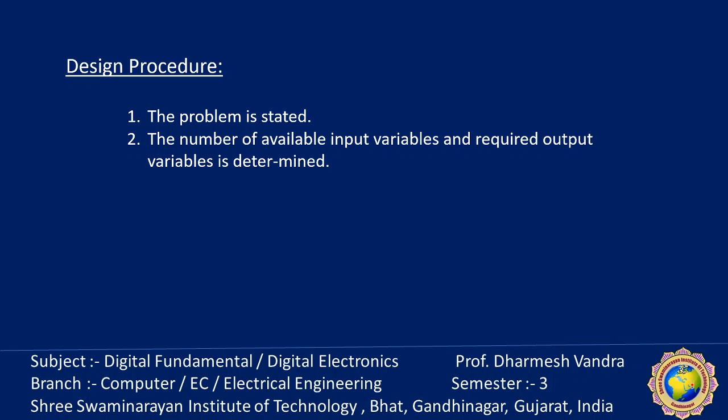Like, suppose a 3-bit binary, obviously the input is 3 bits, while the output is BCD, so it will become a 4-bit output. We have to decide the output terminals from the statement.